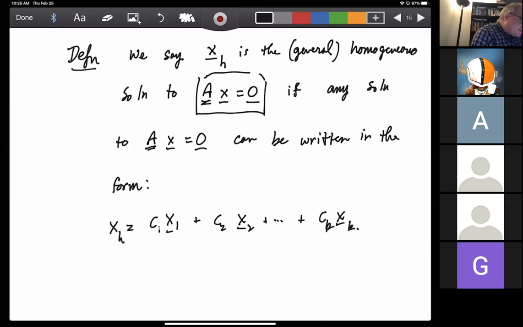So I can take some constant multiple of my first solution x1, another constant c2 times my second solution x2, and so forth. And if any solution to that system can be written in this form, then we call that the general homogeneous solution. And it's important to note this is not unique.